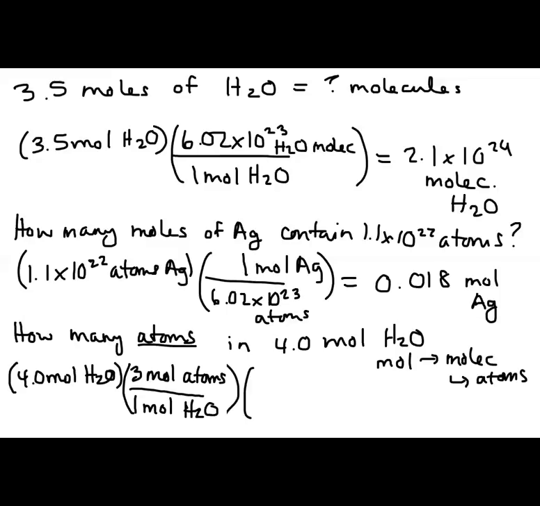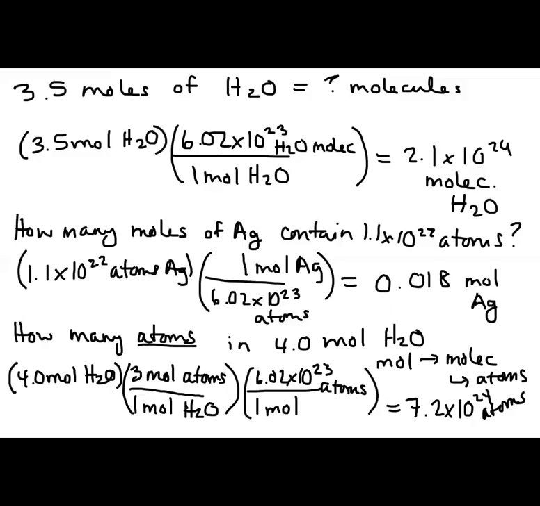And then we use our 6.02 times 10 to the 23rd atoms. And your answer would be, sorry, I'm running out of room, 7.2 times 10 to the 24th atoms. That's a 4, 24.